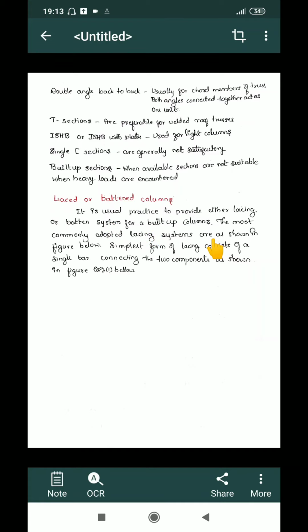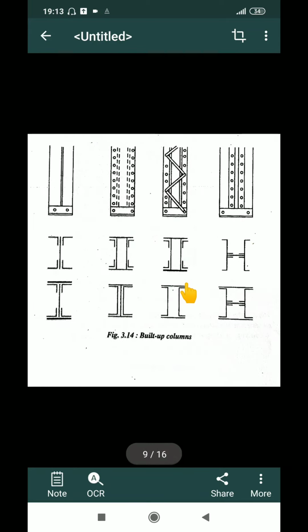The most commonly adopted lacing systems are as shown in the next figure, and the simplest one consists of a lacing with a single bar connecting the two components. This is the simplest type of lacing system. You can see a double lacing system. These are a few of the built up columns with the lacing system.